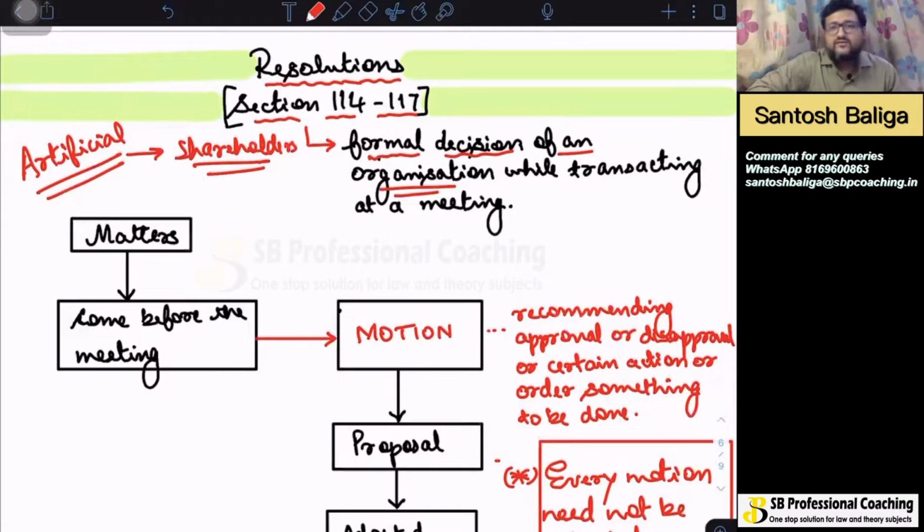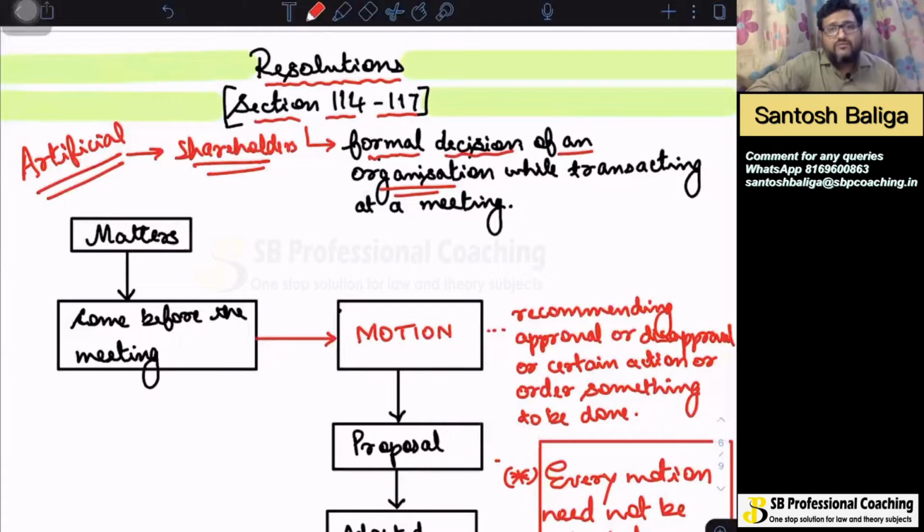I hope this relationship between shareholder and board of director is clear to you. Now, such decisions which have been approved in the meeting are known as formal decisions, known as resolutions. Okay, so we will be covering section 114 in this particular edition, which covers ordinary resolution and special resolution.